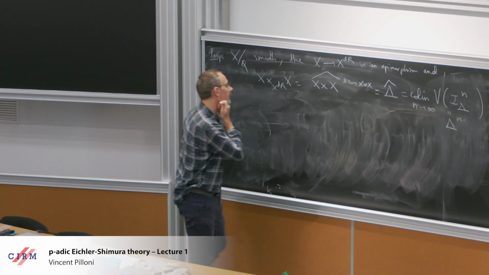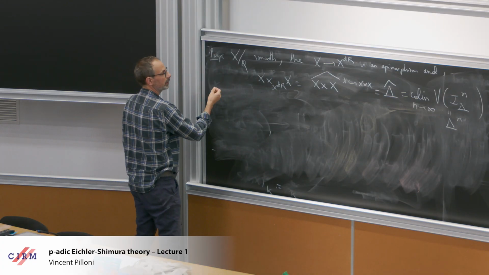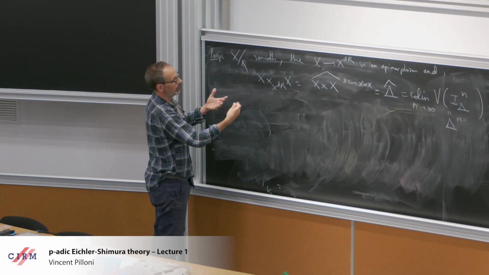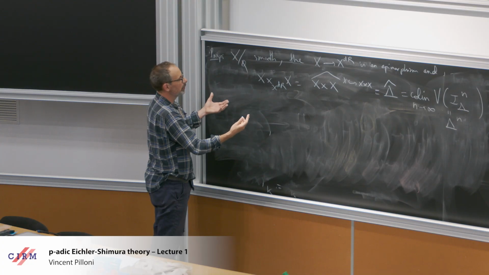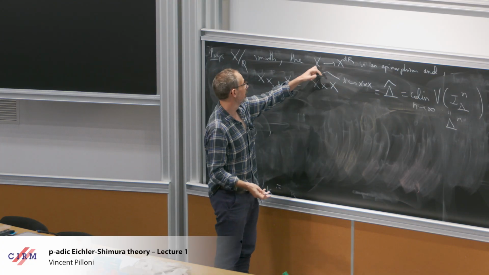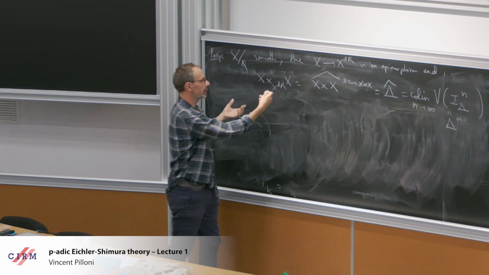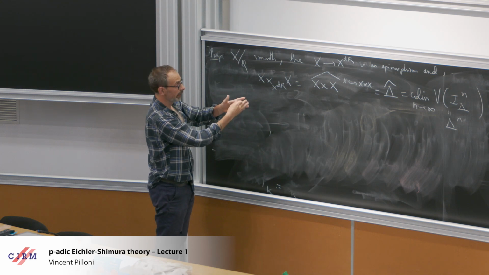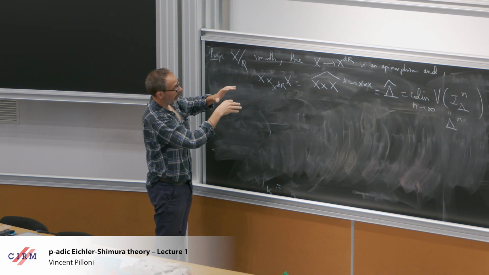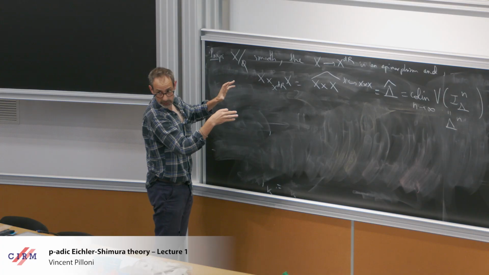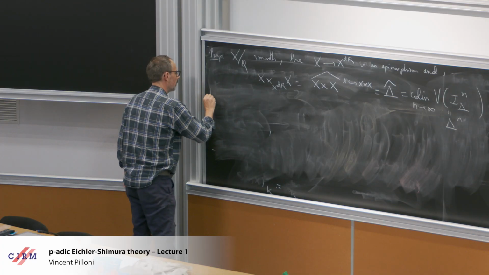I think it's clear. So in other words, we have a reasonable presentation in the smooth case of the de Rham stack as the quotient of X by an equivalence relation, given by completing along the diagonal in X cross X. Okay, so the proof.